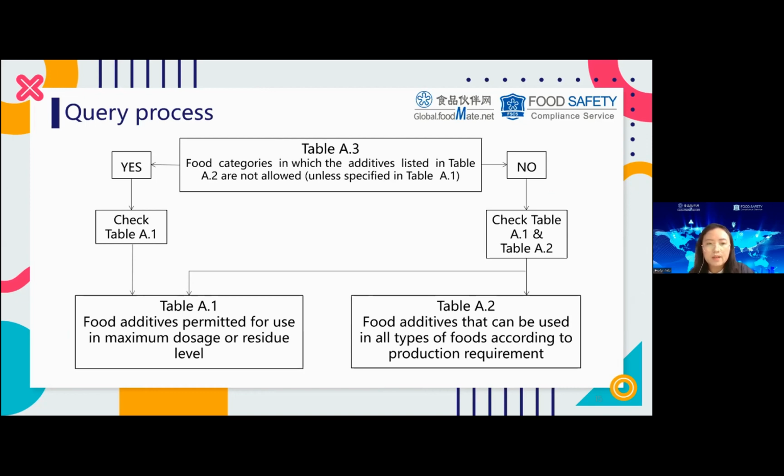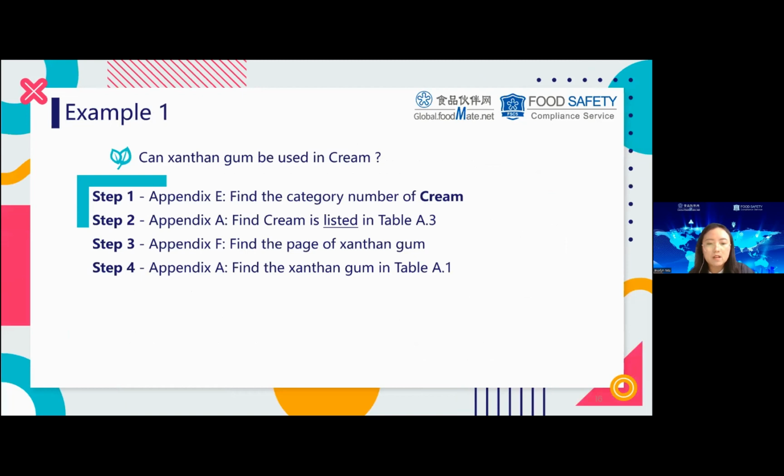And here we have two examples to explain the use of Appendix A. The first example is about whether xanthan gum can be used in cream. The first step is to find the category number of the cream.